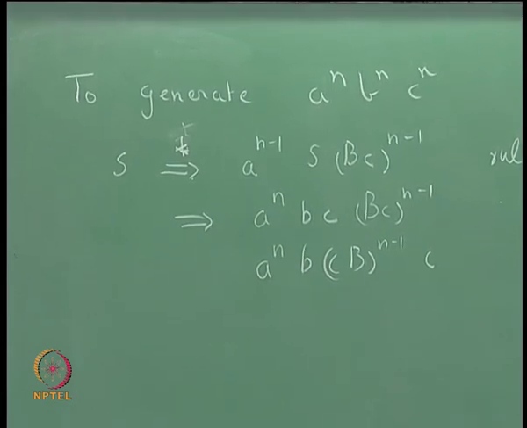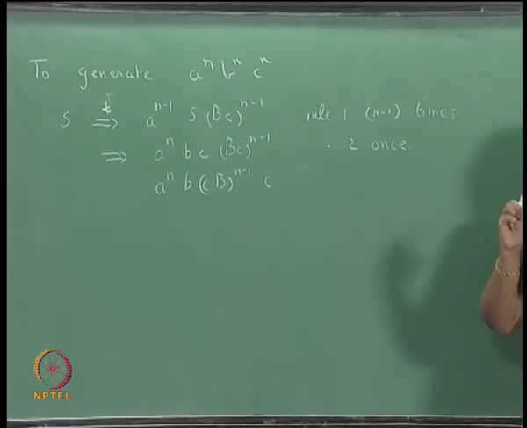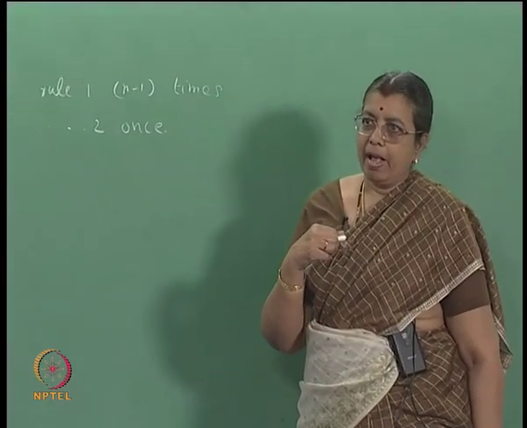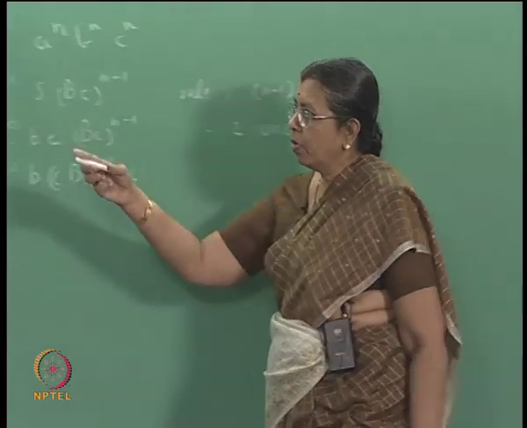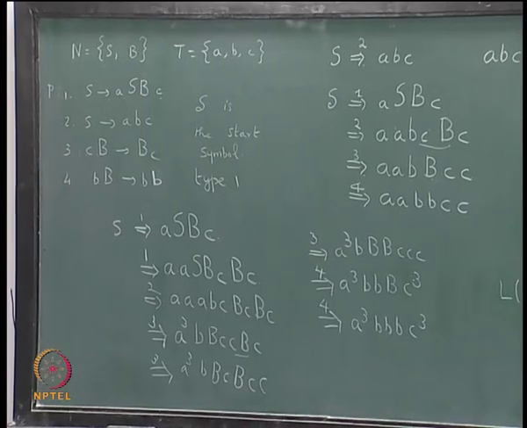Now, all this C B, you have to shift the capital B to the left and small c to the right, for which you have to use rule number 3, C B goes to B C. How many times you have to apply this?